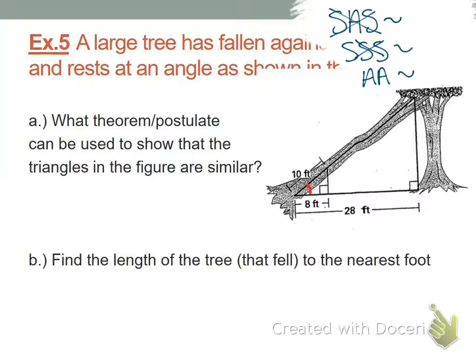Does that make sense? Questions, concerns about it? We're talking about the little angle that's made where this tree is leaning against the ground, kind of. This bottom left angle is congruent to itself. If we were to separate these two triangles out, we'd have the little triangle, and then we'd have the bigger triangle, but both of them had that little angle down there in common.